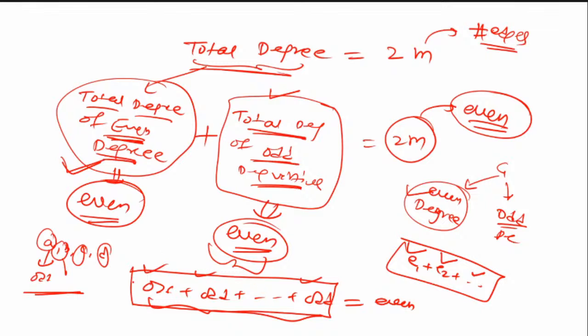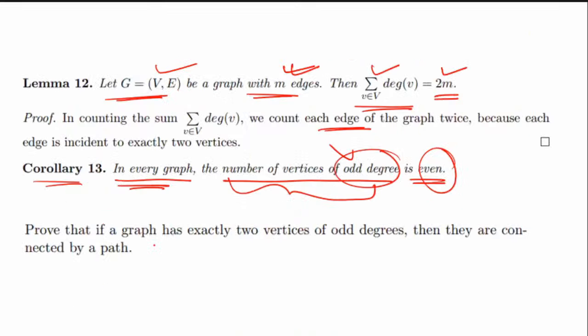So the total number of odd degree vertices must be even. This is a very simple result, and this is how you can prove it. These are important theorems, important results.